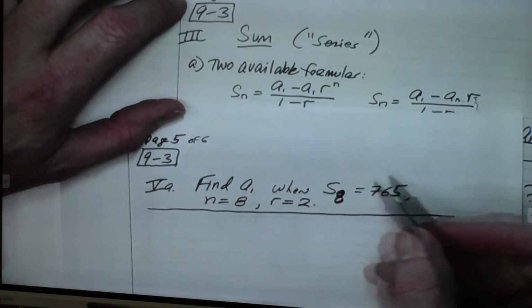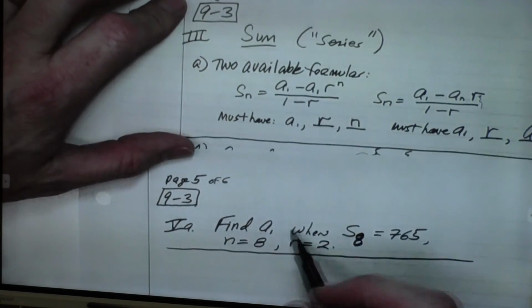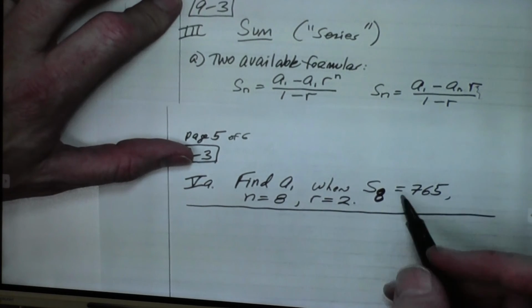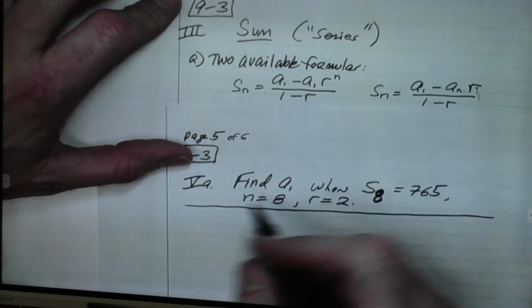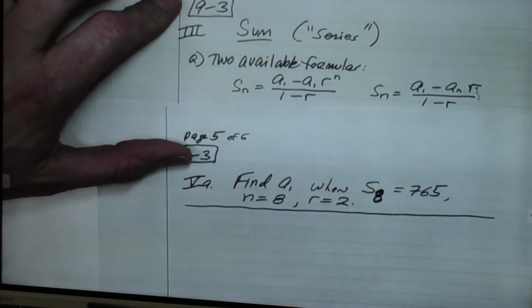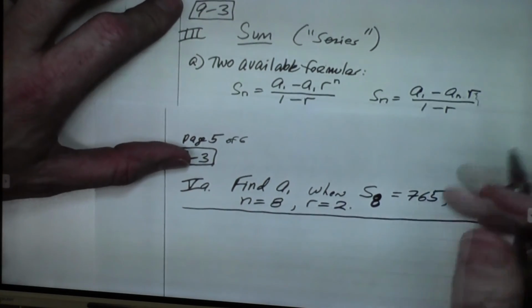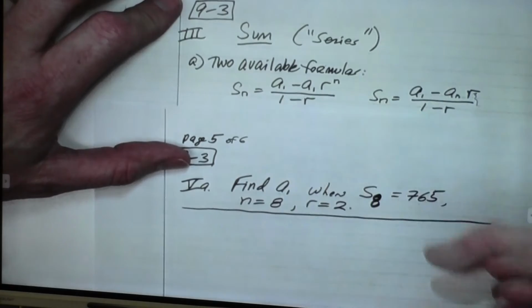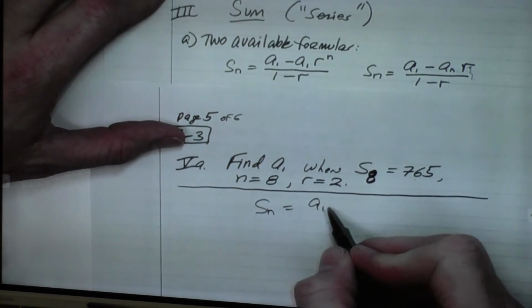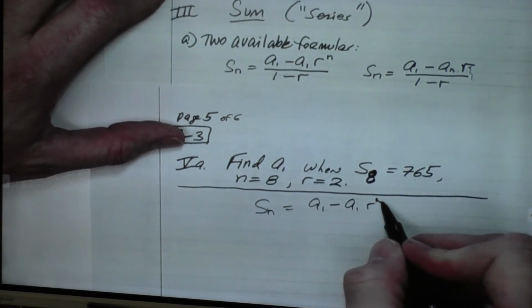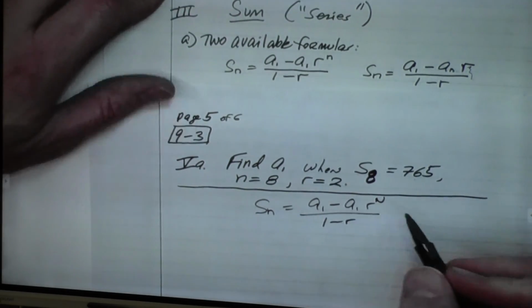Well, we know it's the eighth term, but we don't know the amount. This information doesn't give us the amount. It gives us the sum, but it doesn't give you the amount of that one term. It just tells you the first plus the second plus the third all the way up to the eighth is 765. So we can't use this one, we're going to have to use this one. So I'm going to write it out here first. A1 minus A1 r to the n, over 1 minus r.